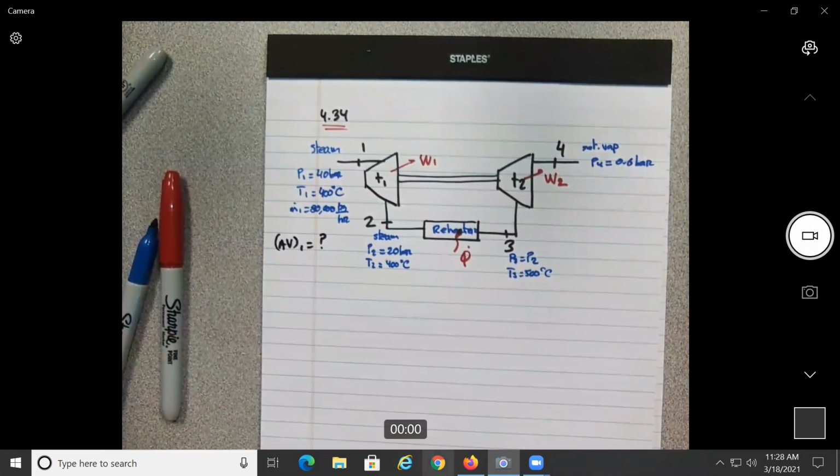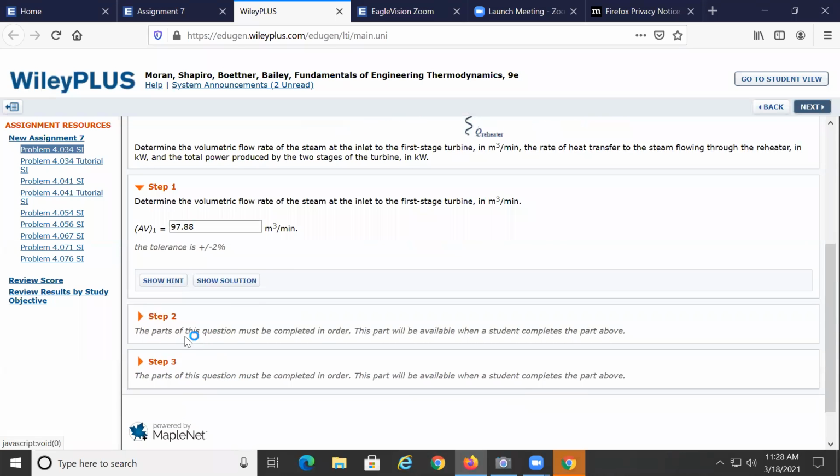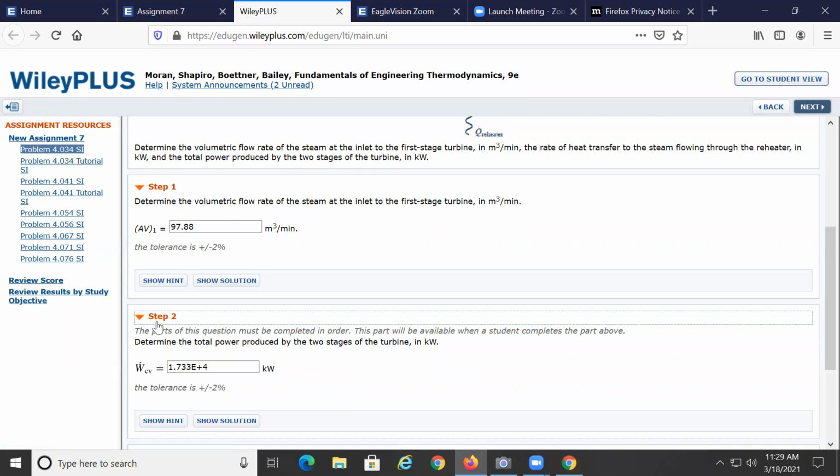And we need to find then step 2. Okay, so I guess we know what step 2 is. We need to find the work, determine the total power produced by the 2 stages.